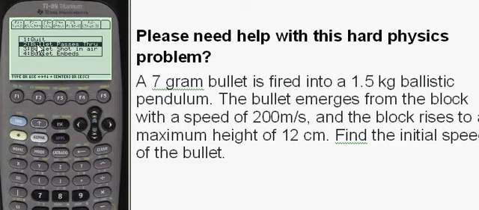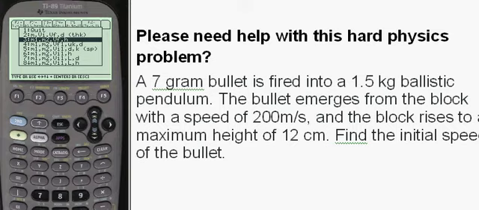And we're going to choose a bullet that passes through something, okay? A lot of different tricks in bullets and physics problems. We're going to scroll to number 3 here because we've got mass 1, mass 2, and final velocity and height, the height of the block, okay? Press enter.